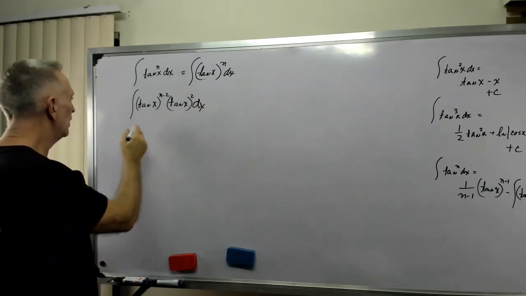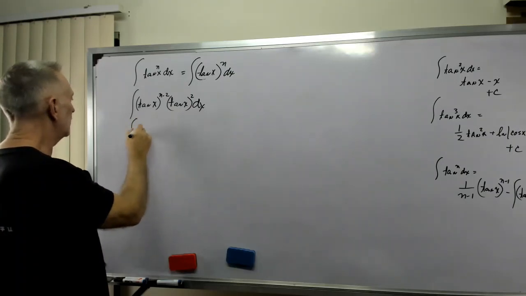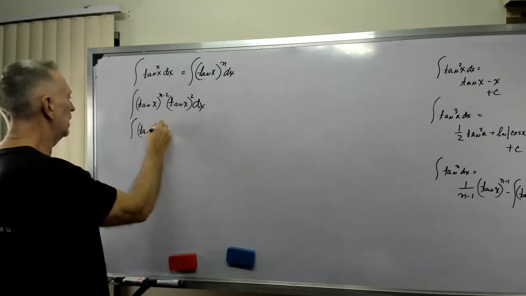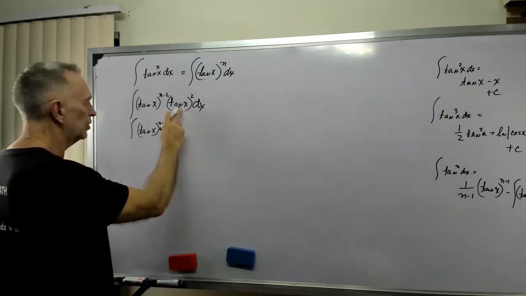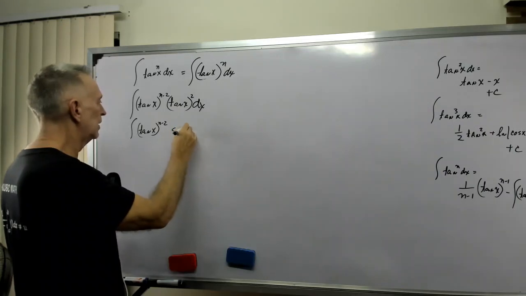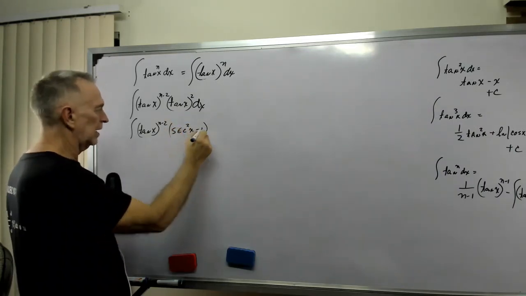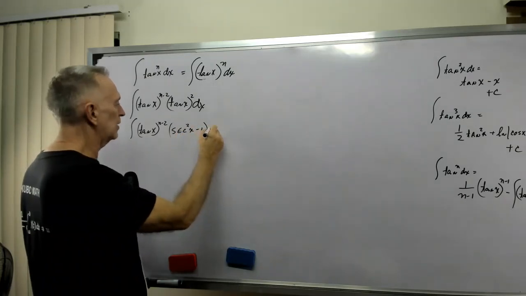So let's go down that path. Let's rewrite this as tangent x to the n minus 2, and we're going to change tangent squared x to secant squared x minus 1, dx.